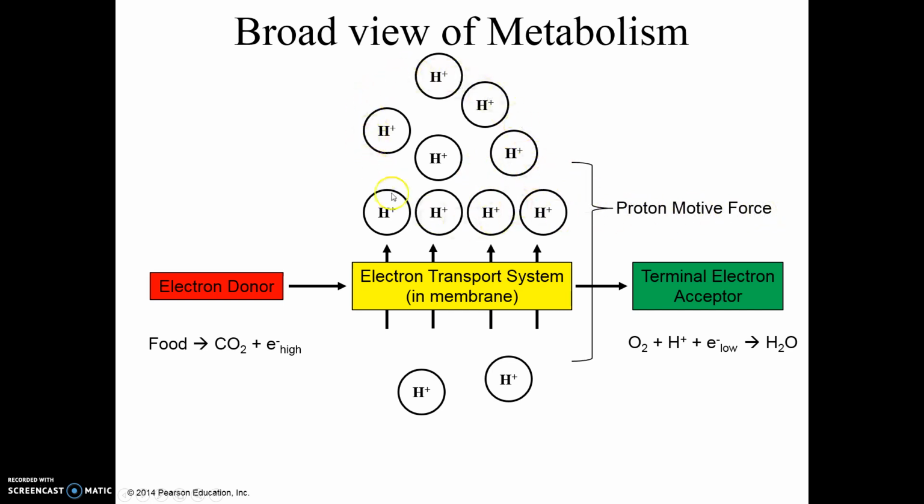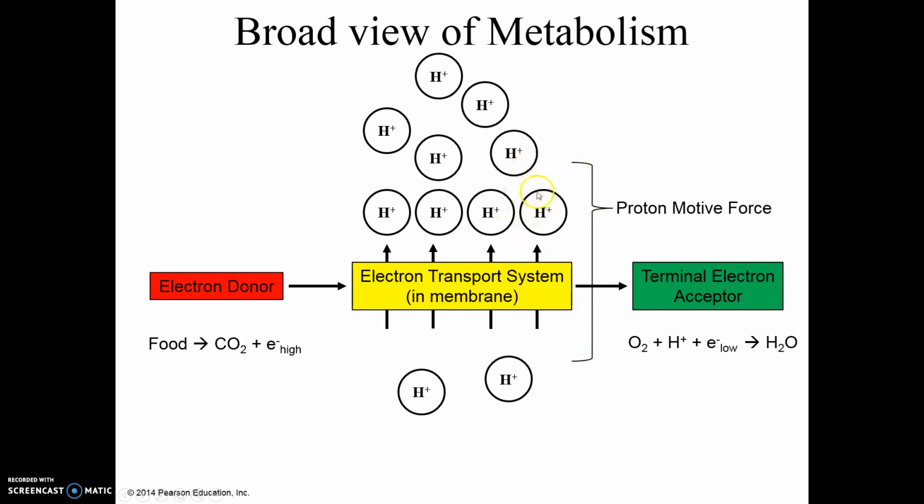Okay? This osmotic force is something that we refer to as the proton motive force, because we now have a high concentration of protons on one side of a membrane that want to pass through to the other side. But the fact that it's occurring in a membrane means that there's only one way for them to get back through, and that's through some type of channel.